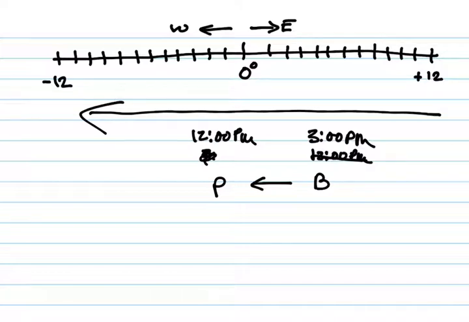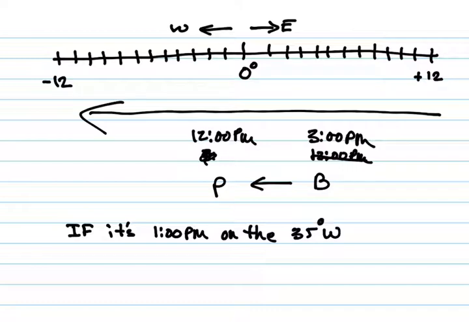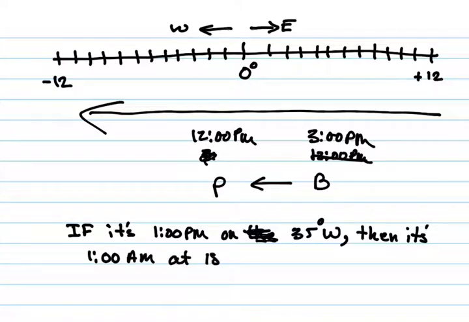A couple of other things that you will want to know is that if it's 1 p.m. on 35 degrees west, then it's 1 a.m. at 180 minus 35 degrees.